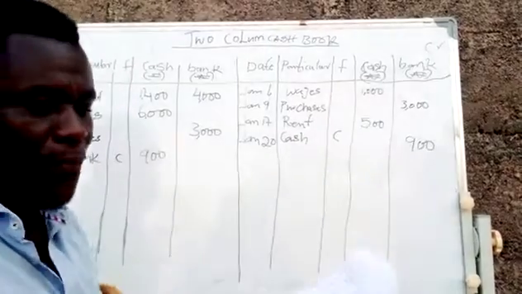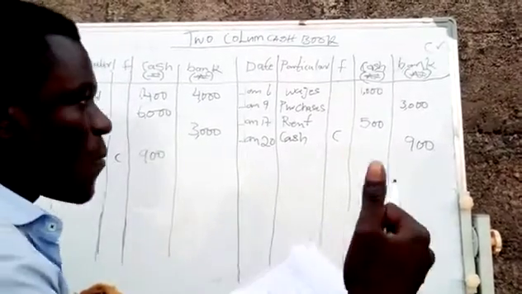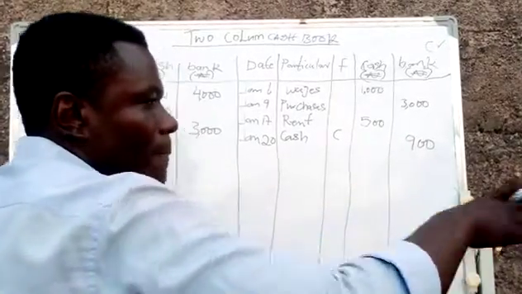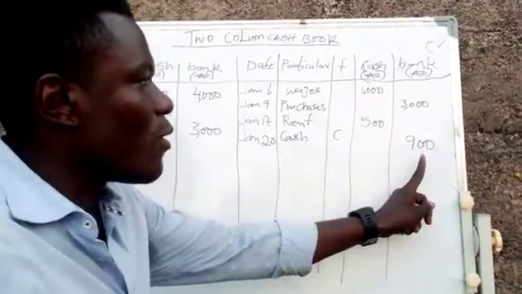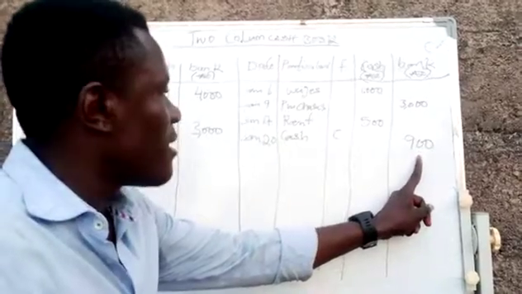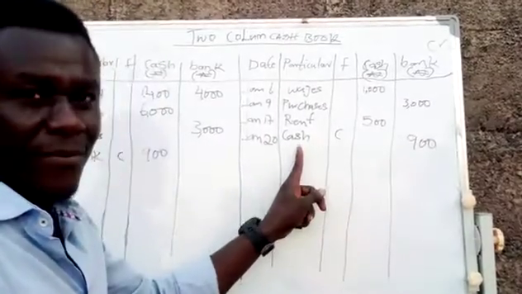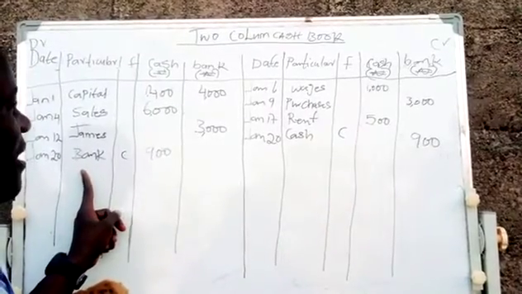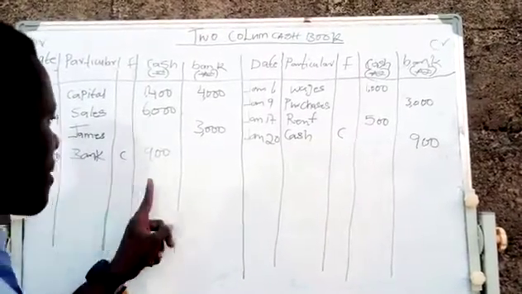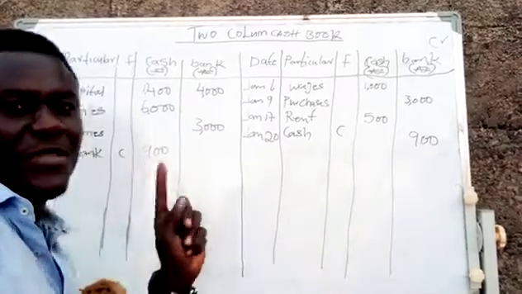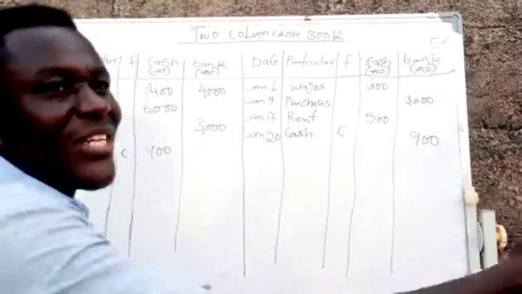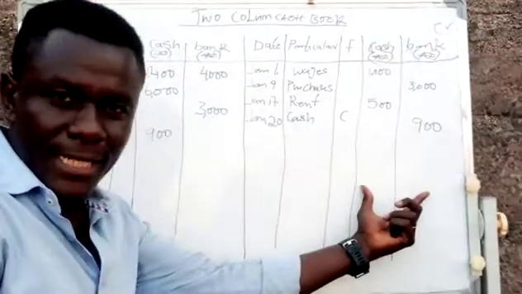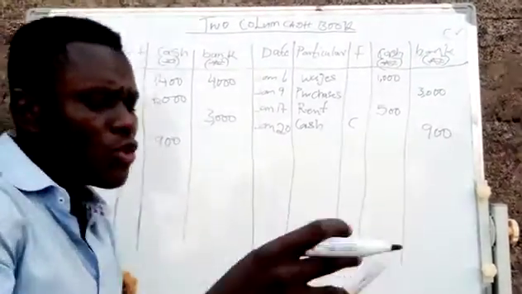On the credit side, you're giving out. You're withdrawing money from the bank and the bank is giving you cash. Where did you get the cash? From the bank. That is the contra entry, which means it will appear both on the debit side and on the credit side. Okay, now let's go to the next question.